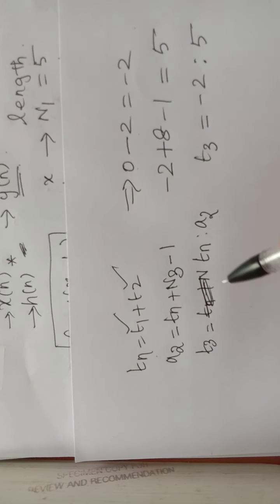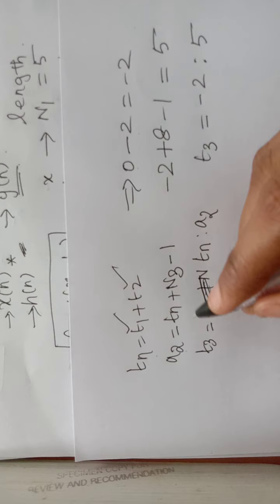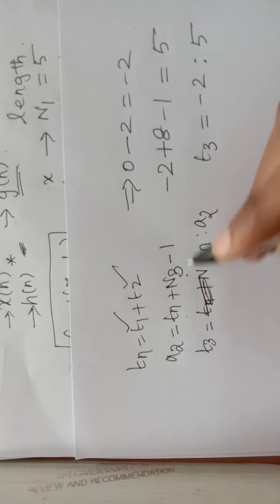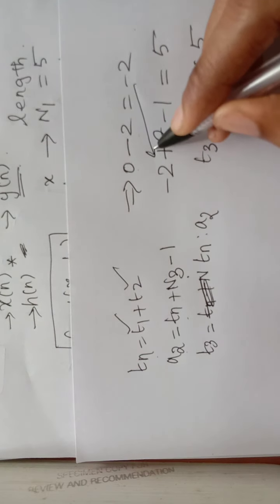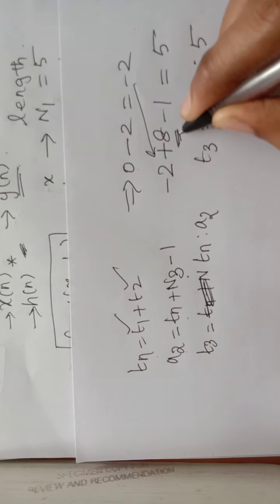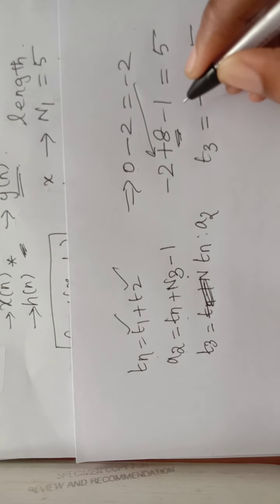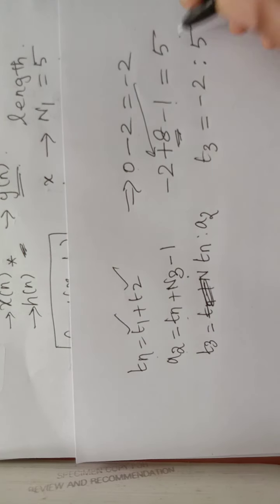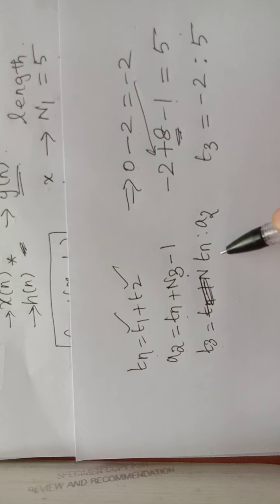Next I am going to use this a2. A2 is tn plus n3. N3 is the length of the output sequence. Here the tn is minus 2. The length of the output sequence we have found is 8, then minus 1, which is equal to 5. Now t3 equal to tn is to a2, similar to what we wrote for x and h.